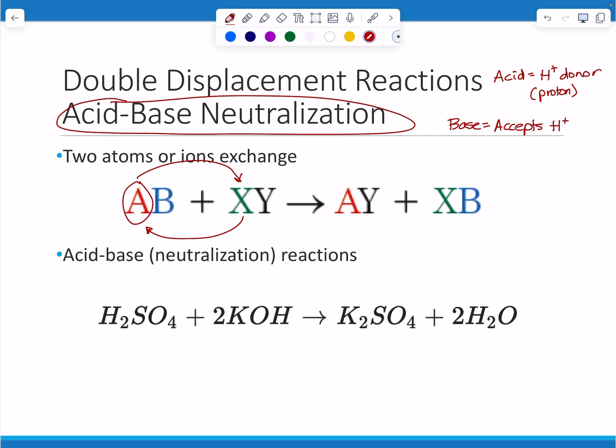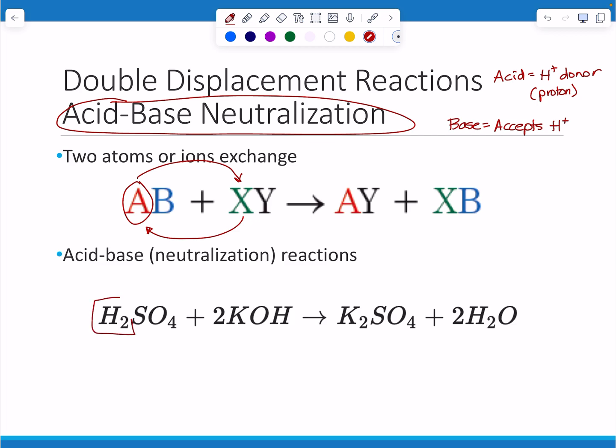And the reason that we use Lewis acid-base theory as opposed to Bronsted-Lowry, which is this one, is that it expands the range of molecules that can have the behavior that we consider as being characteristic of an acid or a base, okay? All right, so let's look at what an acid-base neutralization reaction looks like.